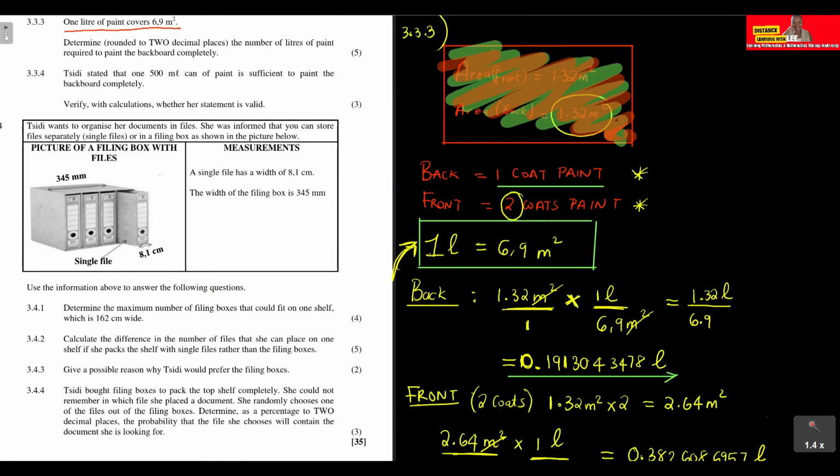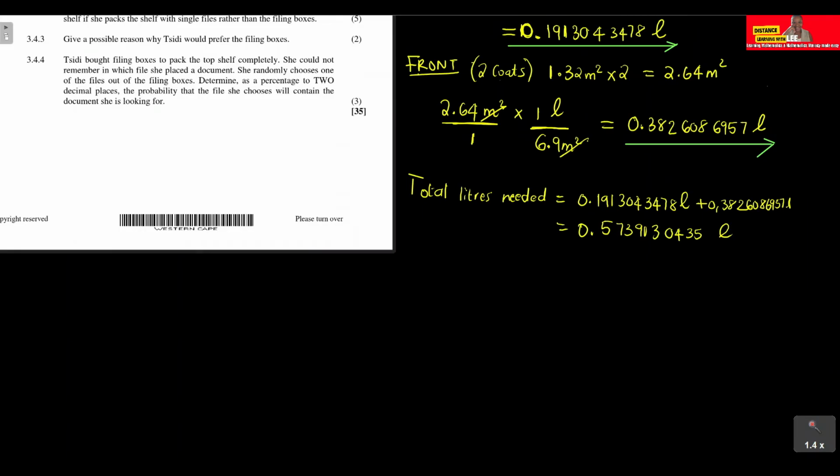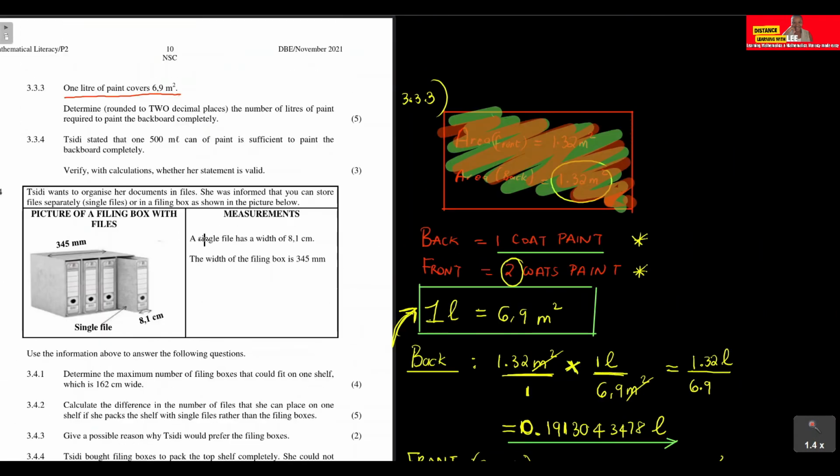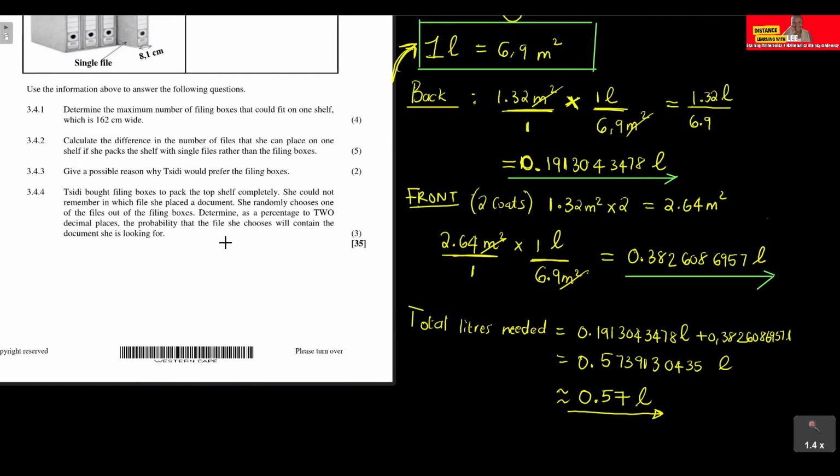But remember, what was the question saying? Determine, round it to two decimal places. So we need to round off this answer to two decimal places. So that is approximately 0.57 liters that will be needed for TD to paint her backboard.